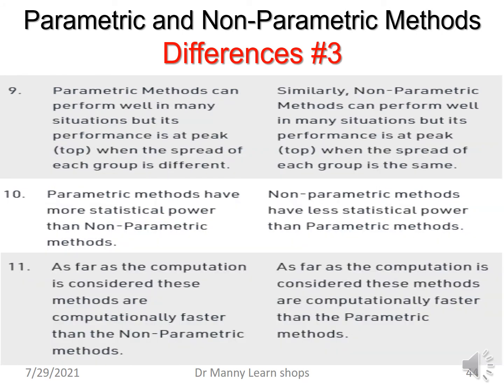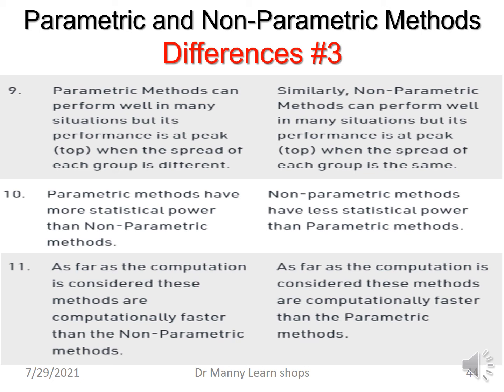Parametric methods perform well in many situations, but peak performance is when the spread of each group is different. Non-parametric can perform well in many situations too, but its performance is better when the spread of the groups is the same. Parametric methods have more statistical power. Non-parametric methods have less statistical power.